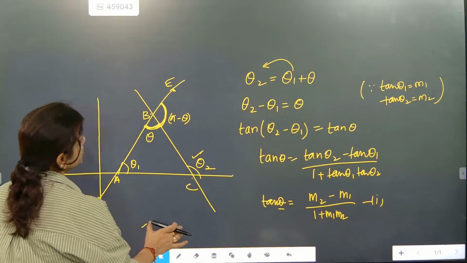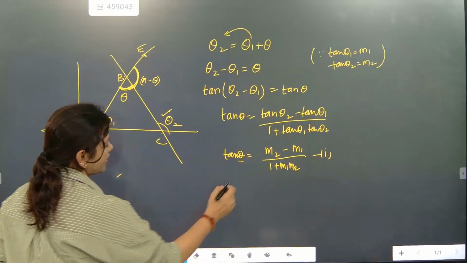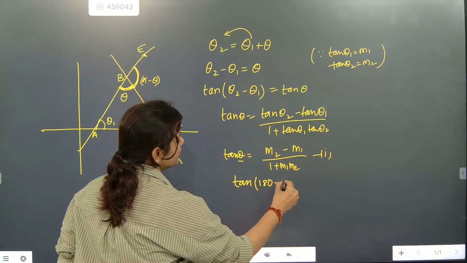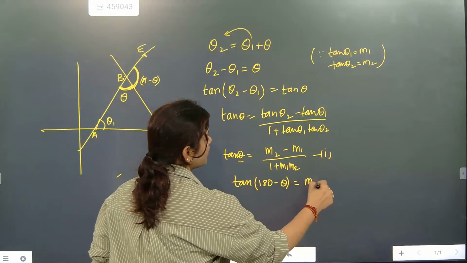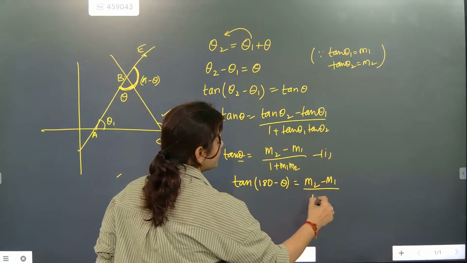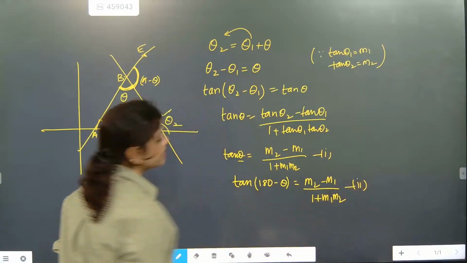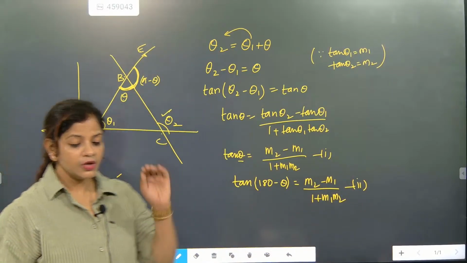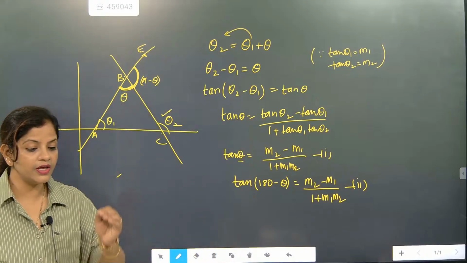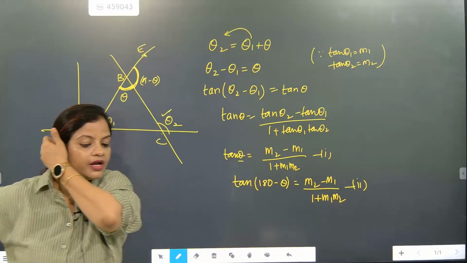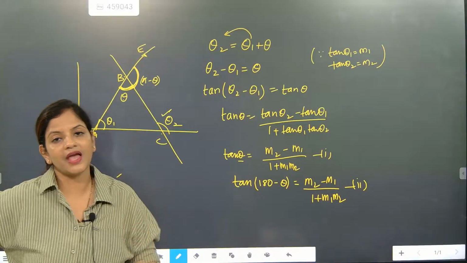Now in the second case, when you take it as 180 minus theta, then you write tan of 180 minus theta is equal to m2 minus m1 by 1 plus m1 into m2. This is equation 2. Remember one thing very carefully: the intersection angle will not always be acute.